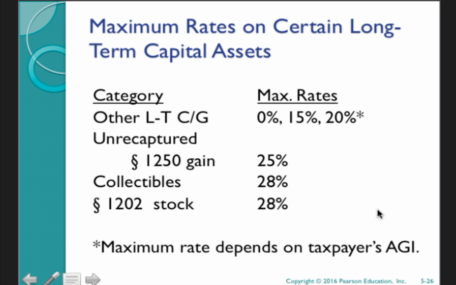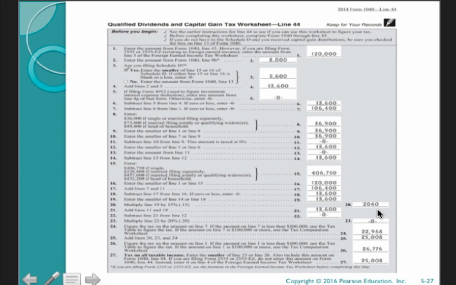Just being able to say, okay, if 1202 comes up in a question, then I know I need to look that up, and I know that that carries a higher capital gain tax rate. But even those can end up being substantial savings, even though they're higher than normal long-term capital gain rates.